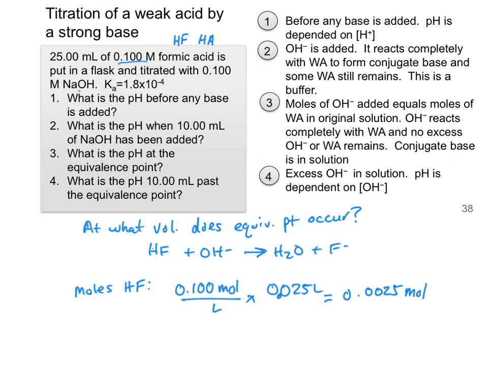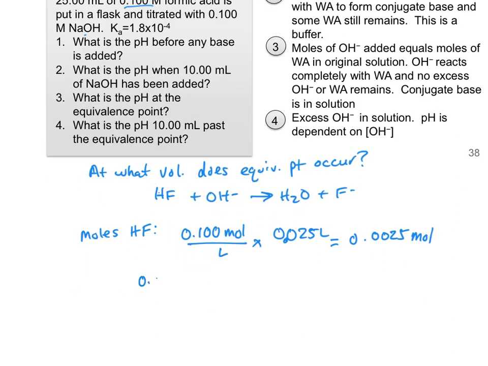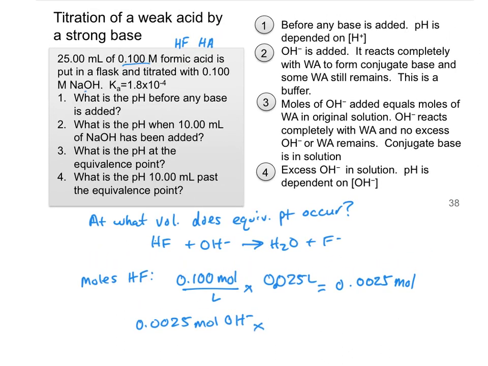So that's how many moles of HF we're starting with, which means we have to add that many moles of OH minus. So now we want 0.0025 moles of OH minus. And we know the concentration of OH minus is 0.1 moles per liter.